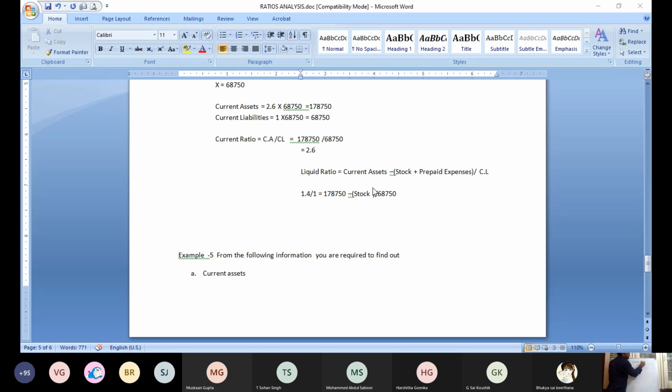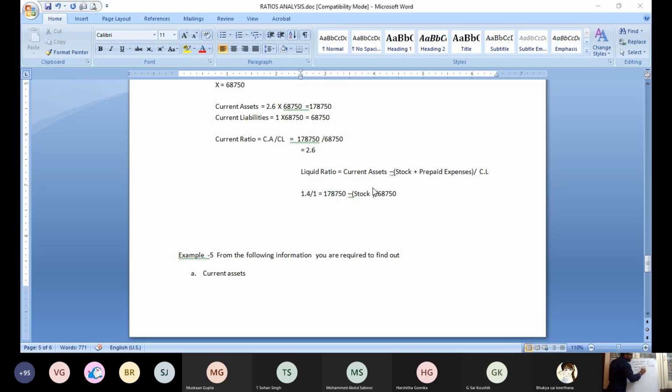Current ratio 5. Liquid ratio 3. Working capital 3 lakhs.